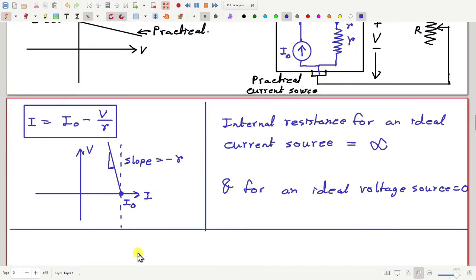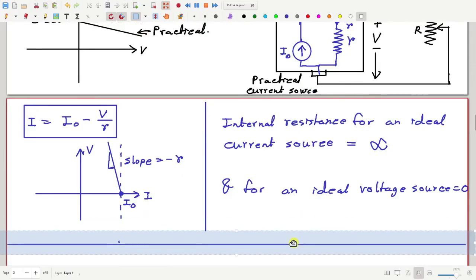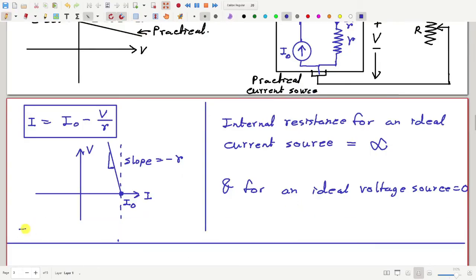So you may write I is equal to I naught when R is equal to 0, that is V equal to 0. In that way you can find the value of I naught.